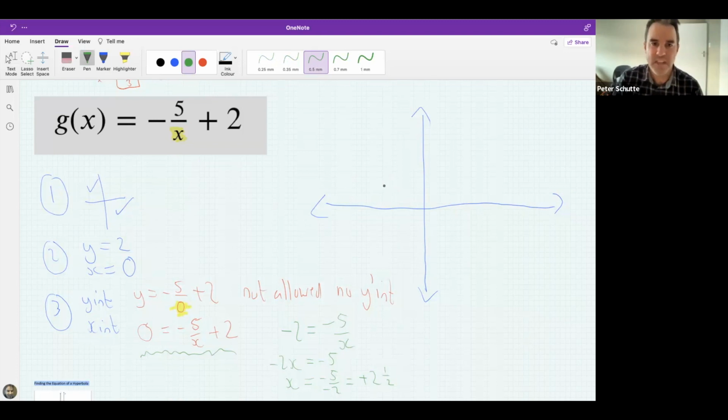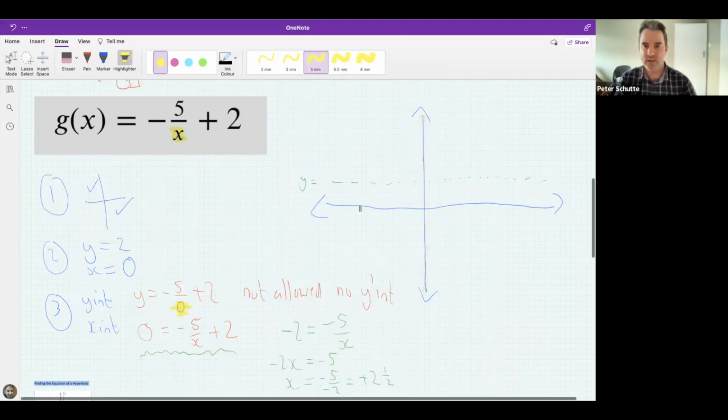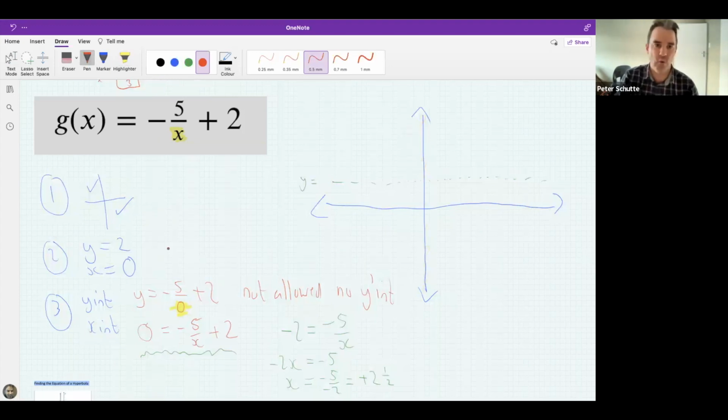Okay, so what's sneaky about this one is the only asymptote that you're going to see is the one that says y equals 2. Now, there is another asymptote for where x is 0, but when x is 0 it's just going to be literally on the y-axis. And so we don't actually draw that in because it already has its own line there. So even though you've got two asymptotes, you only have to draw the y equals 2 here. The x is 0 is just going to be the y-axis.